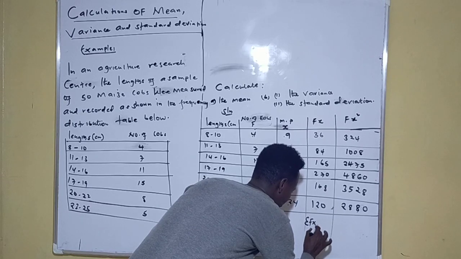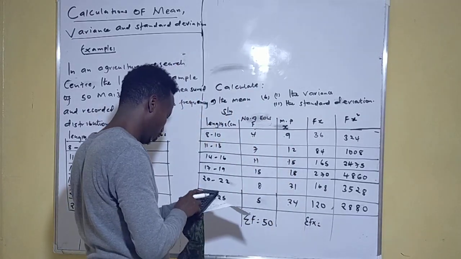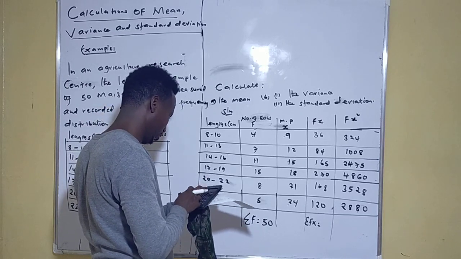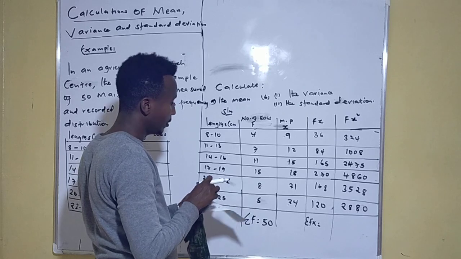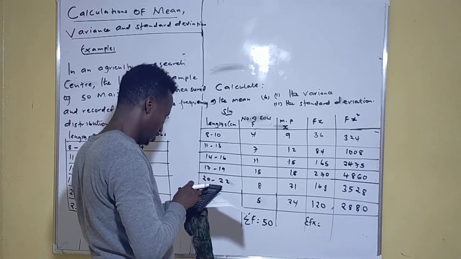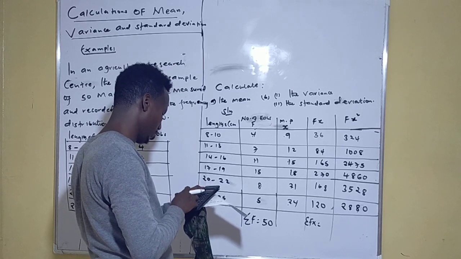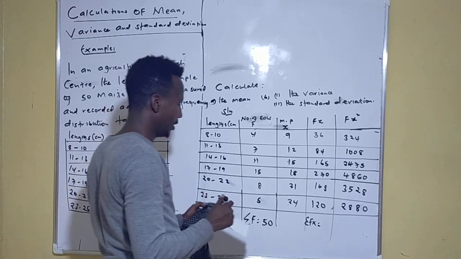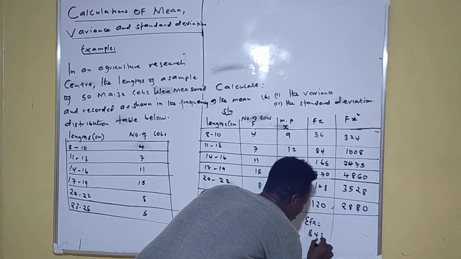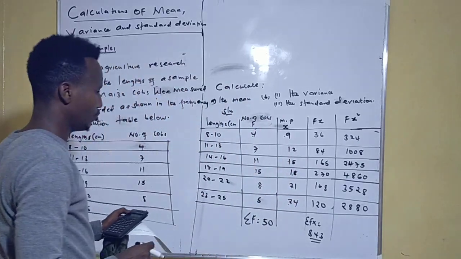Sum of fx will be 6 plus 84 plus 165 plus 270 plus 168 plus 120. So that's 813. We will have 813 under that.